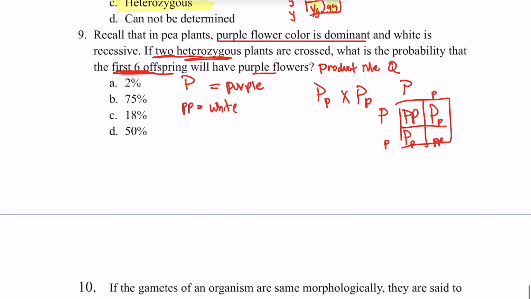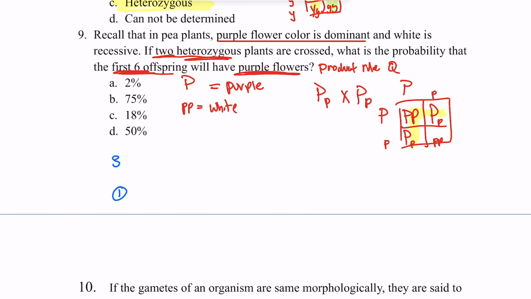We'll do offspring number 1. What is the probability that it'll be purple? Well, we see in this Punnett square, 3 out of the 4, there's a 3/4 chance that it'll express a purple color. So for offspring number 1, it'll be 3/4.